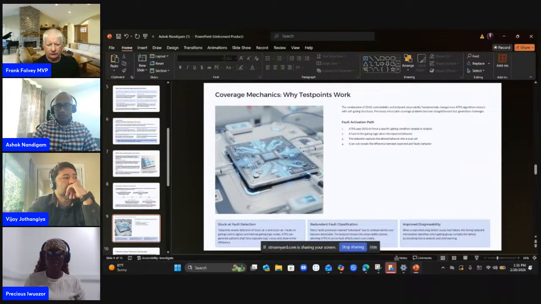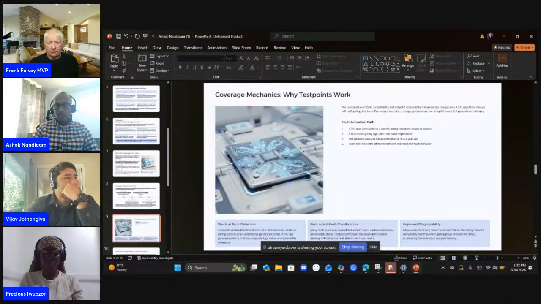This slide talks about how the functional fault, the active path, is covered. As I explained, the enable pin of the clock gating cell has to have the expected behavior. So that is what we are going to test.